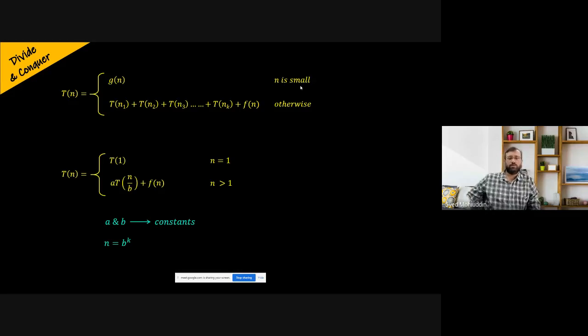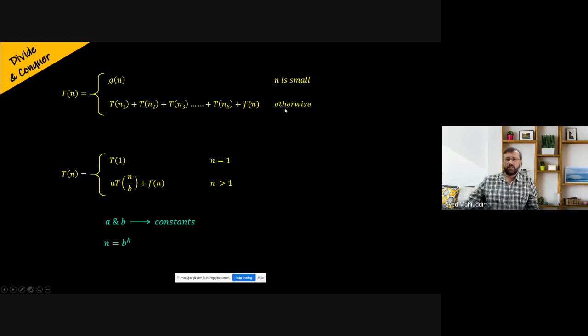So we can rewrite this recurrence relation T(n): when n is equal to 1, g(n) takes a unit of time, which is T(1).